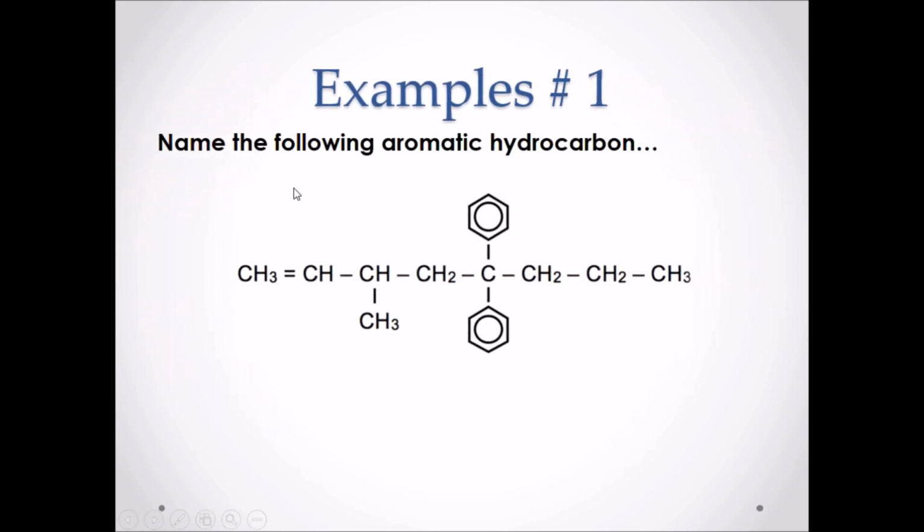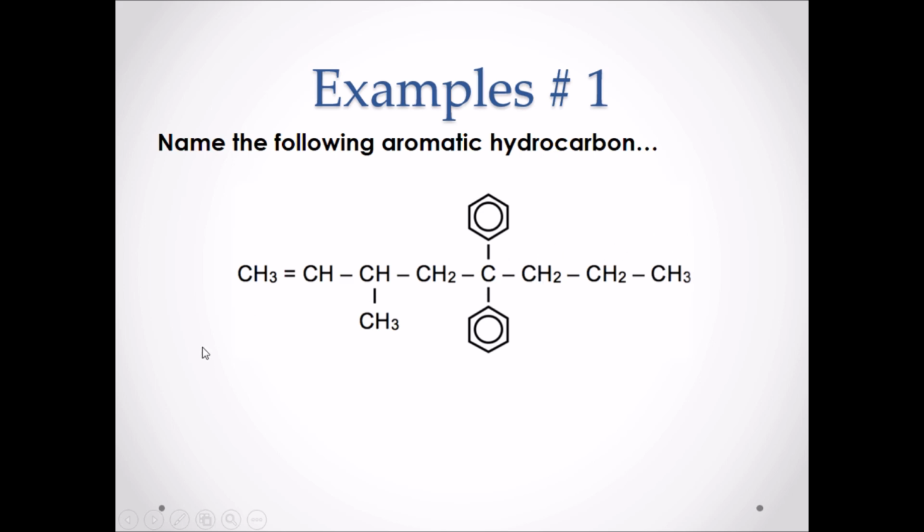Example number 1. Name the following aromatic hydrocarbon. Pause the video and attempt this example. First, we can notice that both benzene structures are not at the end of a carbon chain. Therefore, they should be named as branches. We now have to find the longest carbon chain that includes the double bond. And this will be 1, 2, 3, 4, 5, 6, 7, 8.